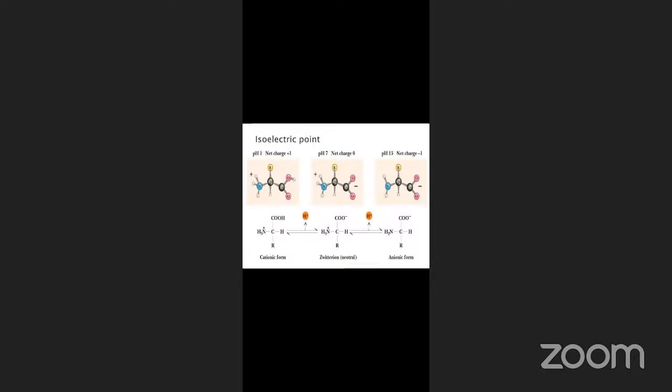And when the pH is further raised to alkaline pH, then a proton from NH3 plus is removed and it will become NH2. Now you have the net negative charge, that is anionic form. So now for this amino acid, the isoelectric point is 7, pH 7.